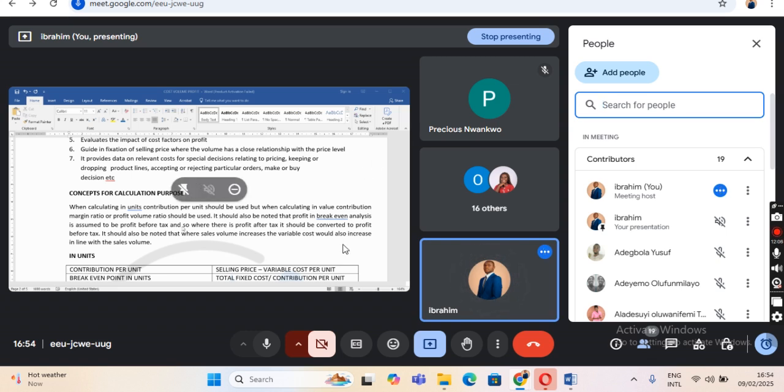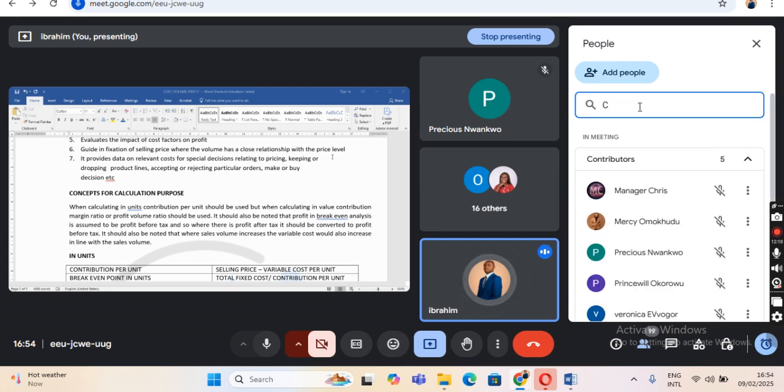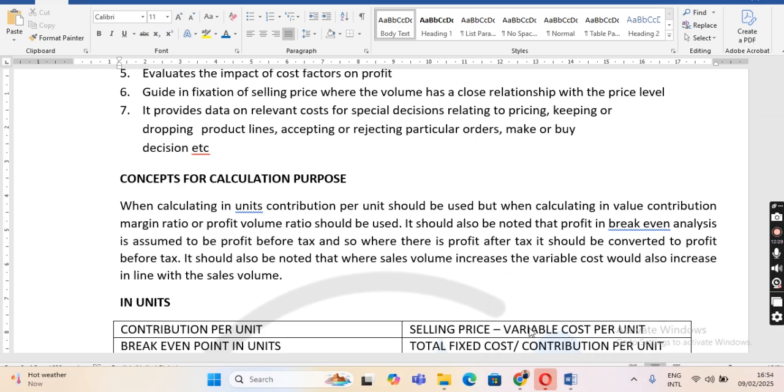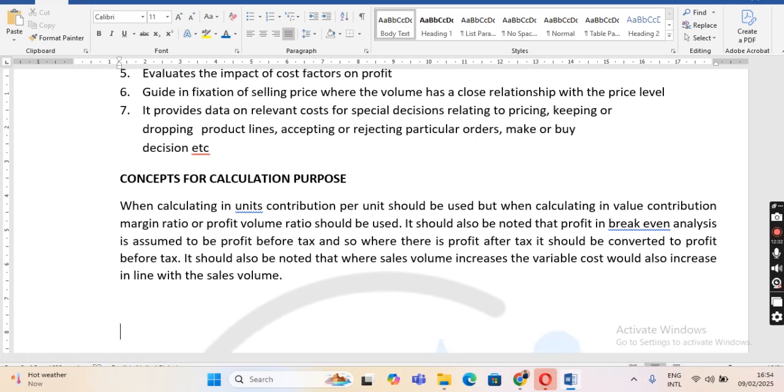Now, under the cost volume profit analysis or the break-even point analysis, right? The formulas are divided into two. Class, the formulas are divided what? Into two. The first one is you have the break-even point. You have CVP with single products, right?